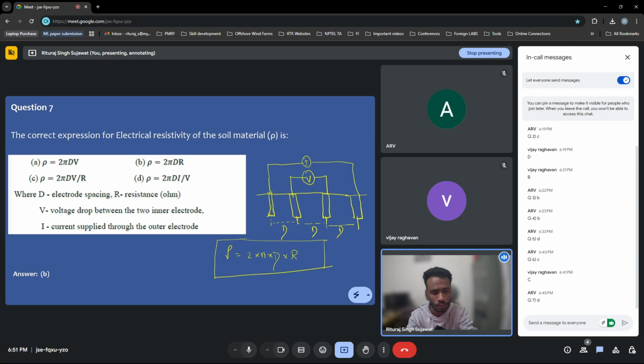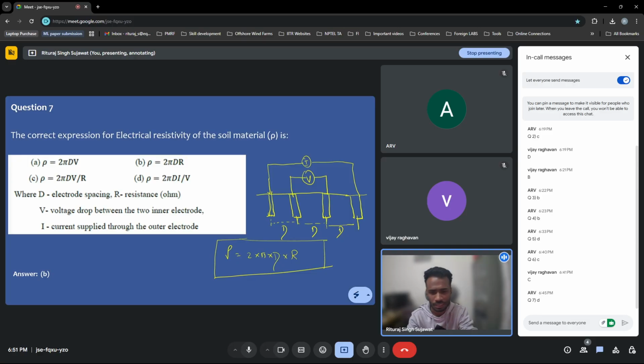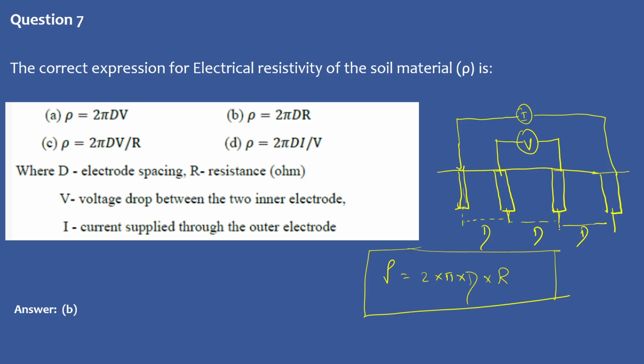If you have any doubt, we can discuss this. Just remember this, it's a bit of fundamentals from the electrical side. Understand at the conceptual level what is happening: you induce current from one electrode and it gets transferred to another electrode.